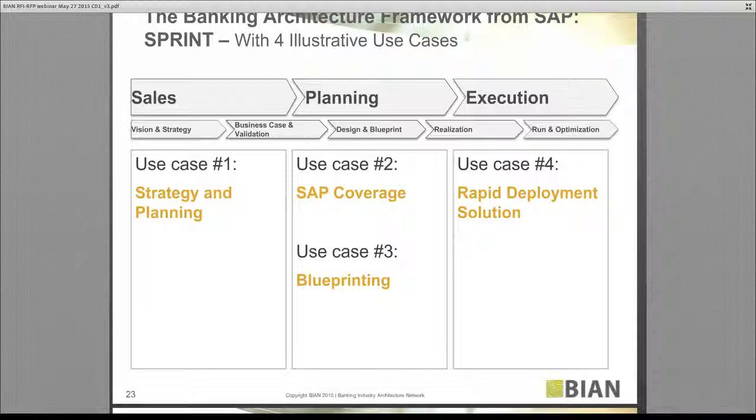The third use case is then to go into blueprinting, so that the solution is really designed based on the selected vendor. And the fourth use case is then to make that happen. Here, meant by a rapid deployment solution, I mean that the typical request we receive is, okay, when it comes to a payment transformation, just as an example, this is something other banks already went through, so I would just like to have the common or best practice being brought into my bank as a rapid start, up to the point for really rapid deployment.